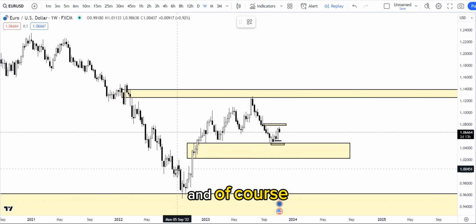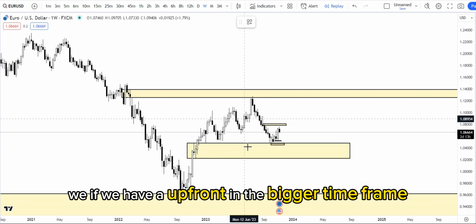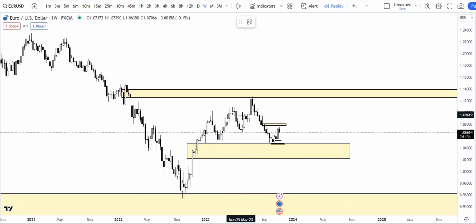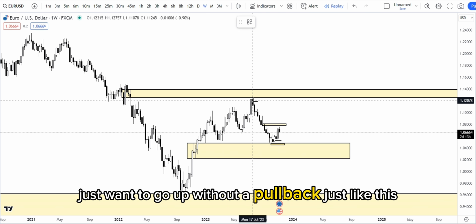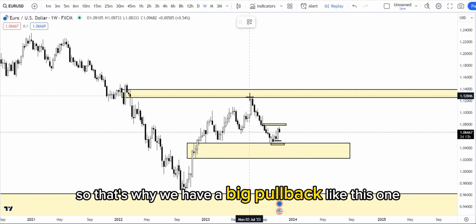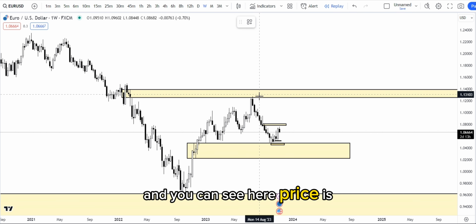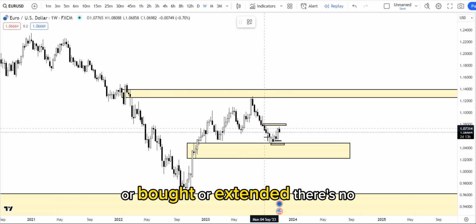Of course, if we have an uptrend in the bigger time frame, that doesn't mean that price just wants to go up without a pullback, just like this. It will never happen. That's why we have a big pullback like this one, and small pullbacks right here, and you can see price is overbought, overextended.